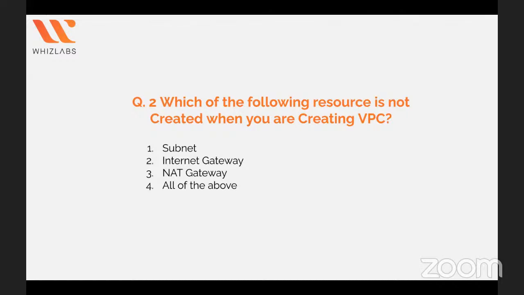Is a subnet created when you are creating a VPC, or an internet gateway, or a NAT gateway, or are all of the above not created? Read the answers carefully.